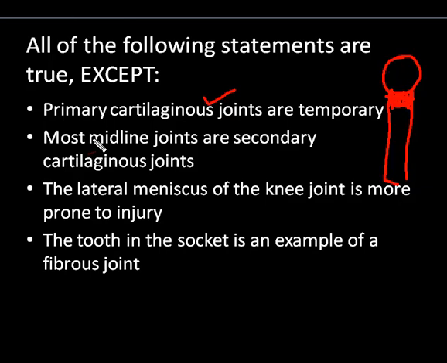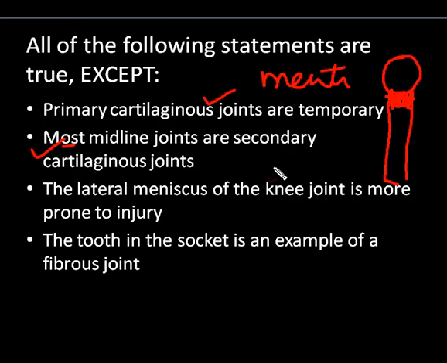So this is true. Second statement, most midline joints are secondary cartilaginous joints. This is also true. And the reason it says most is actually because of the symphysis menti, that means the area between the mandible, the center part of the mandible, that is called symphysis menti. That is not a secondary cartilaginous joint.